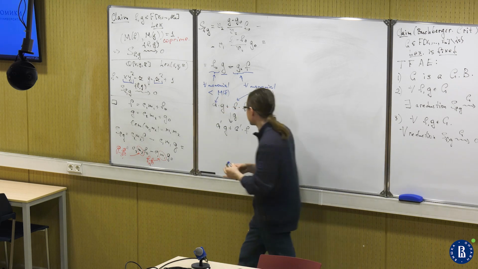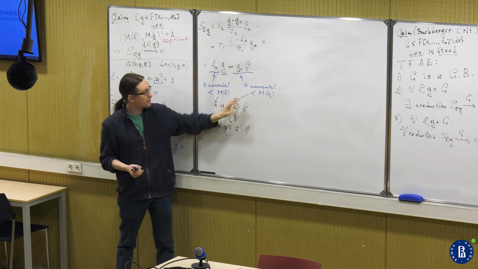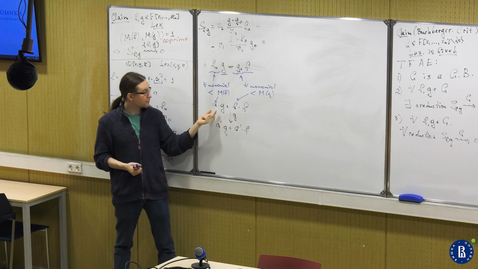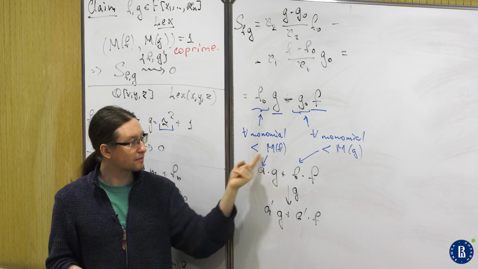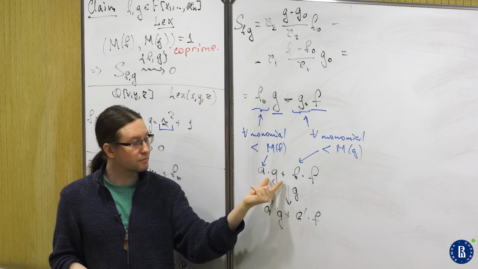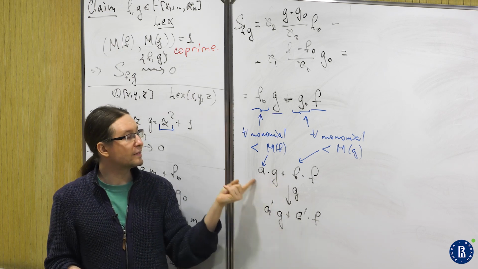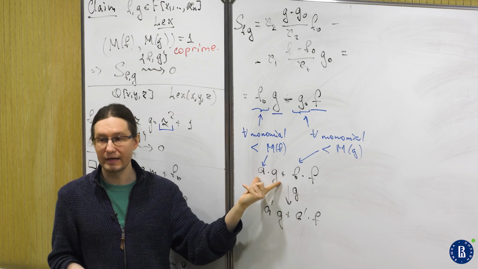But let me explain the reason. If you have just one summand, just this expression, you can reduce it by G, because the leading monomial of this guy is present in this expression, and the leading monomial of this guy is divisible by the leading monomial of G. So that's why you can at least reduce the leading monomial of this guy by G.